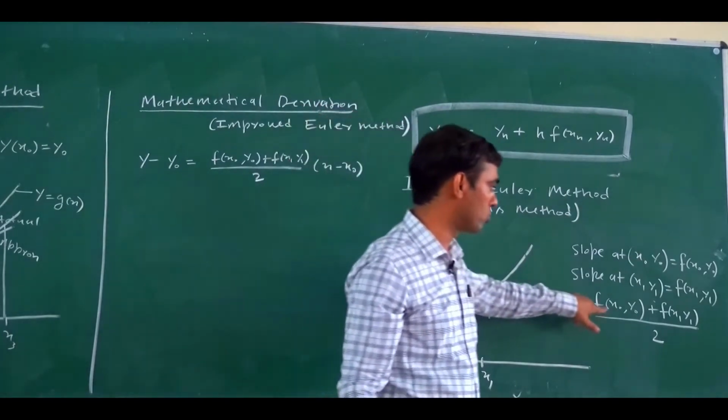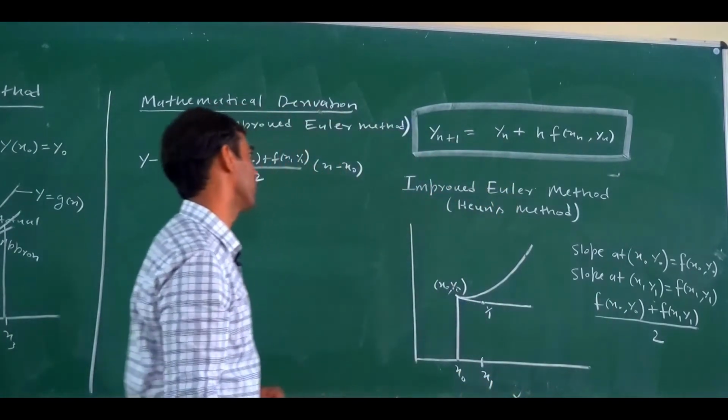But what is the slope? The slope is this one, meaning the average of two slopes.